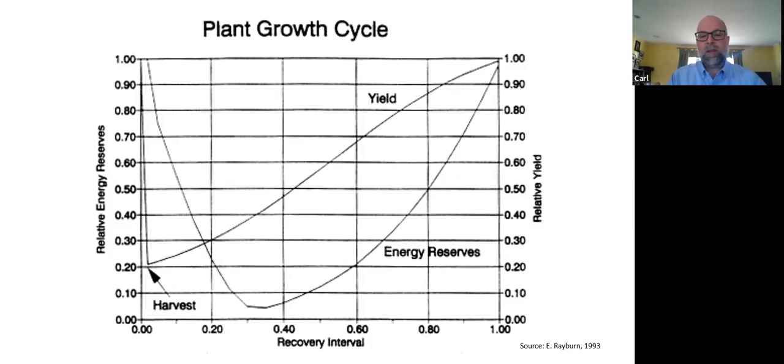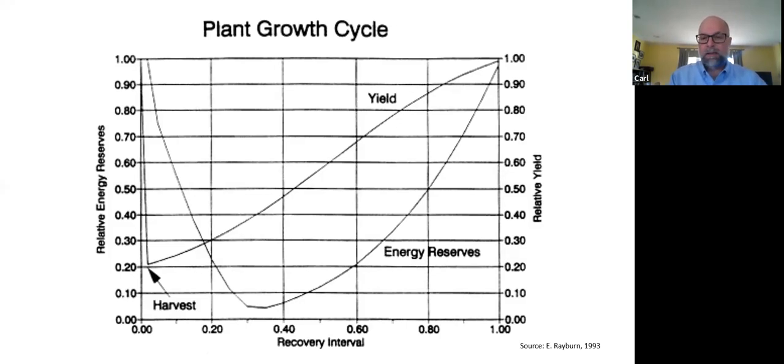So it draws on those energy reserves, and there's a big drawdown almost all the way down until you get to a certain point. When growth starts accumulating and you've got some more leaf area, photosynthesis can start taking over, and then it can start replacing those energy reserves that were drawn down and eventually make it back up to 100%.